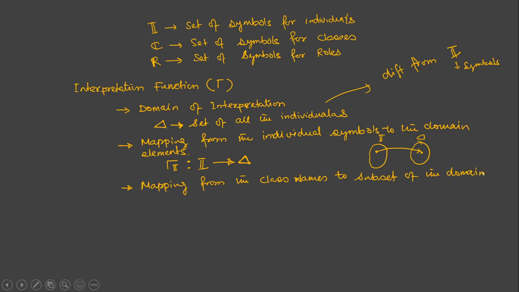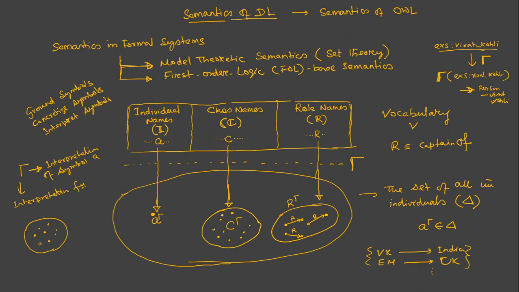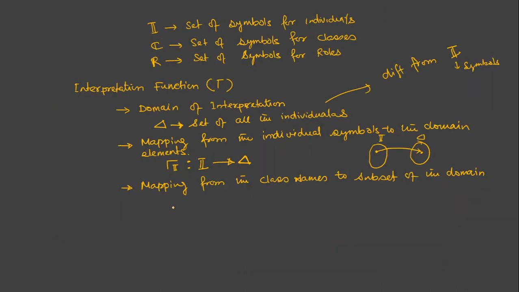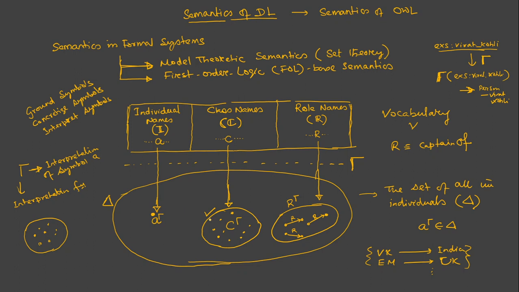Subset of the domain. So that's what we have seen earlier. Let us go back to the earlier slide. So here you can see that this particular set C gamma is basically a subset of delta. So C gamma is a subset of delta, right? And what kind of subset can it be? This C gamma can be an empty set, or a singleton set including one member.